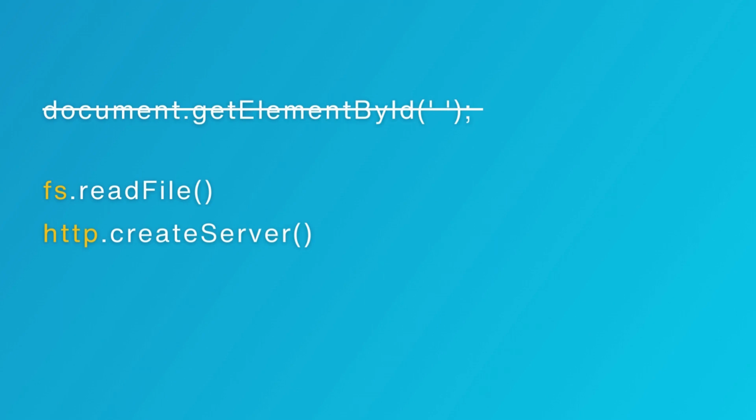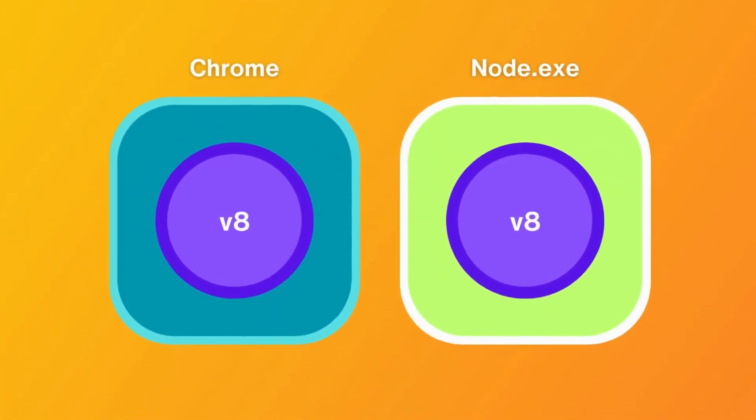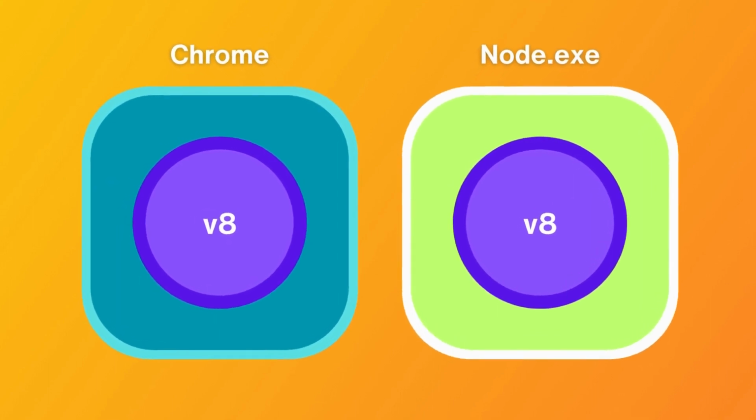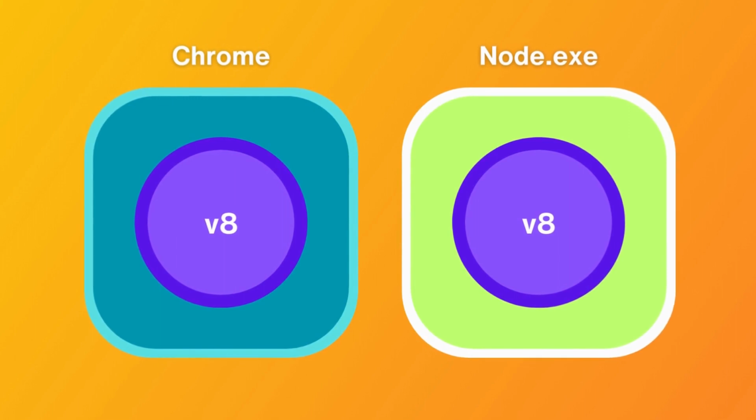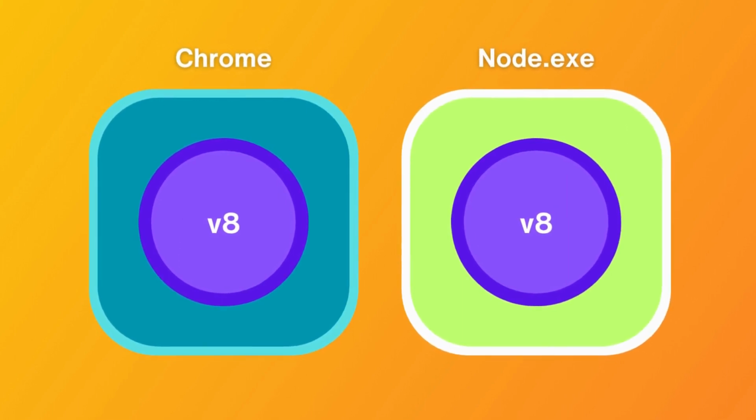We can't do stuff like that inside of a browser, right? So in essence, Node is a program that includes a V8 engine plus some additional modules that give us capabilities not available inside browsers. We can work with the file system or network and so on. Both Chrome and Node share the same JavaScript engine, but they provide different runtime environments for JavaScript.